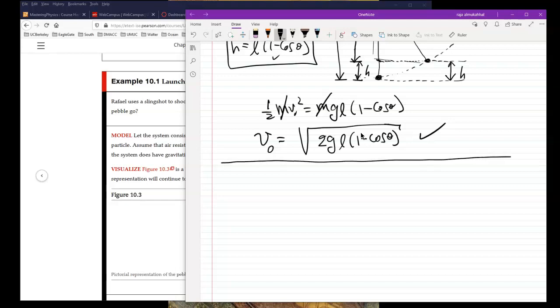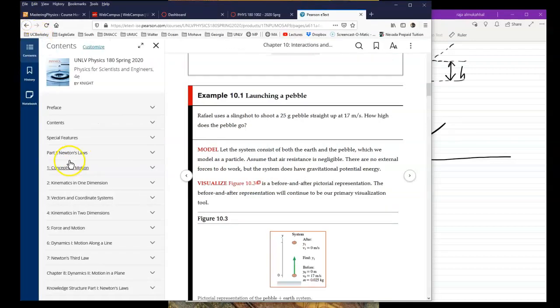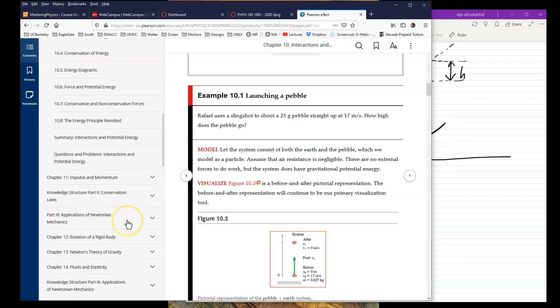Okay, great. One more. This is problem number 11. I think it's homework, but it's really easy. For those of you who have taken physics in high school, it should be a pretty trivial problem. Oh, I keep forgetting, we have a book here. Let me find it. We are in chapter 10. Go to the problems.